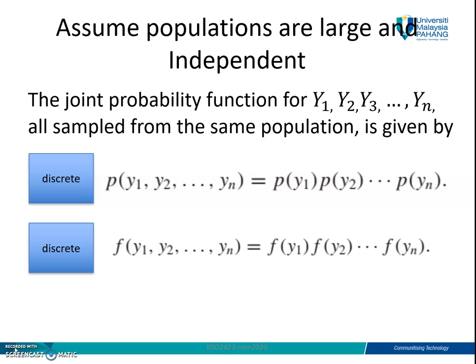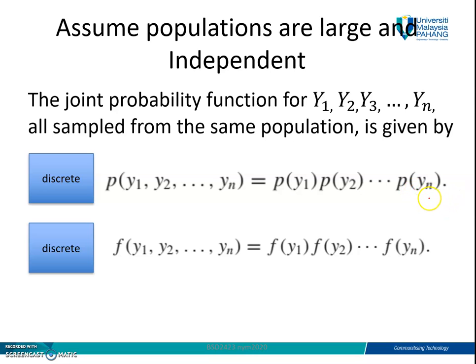This is under the assumption that the population is large and the random variables are independent. So you must know whether it is dependent or independent. When our random variables are independent, the joint probability function for y1, y2 until yn, all sampled from the same population, is given by this equation.